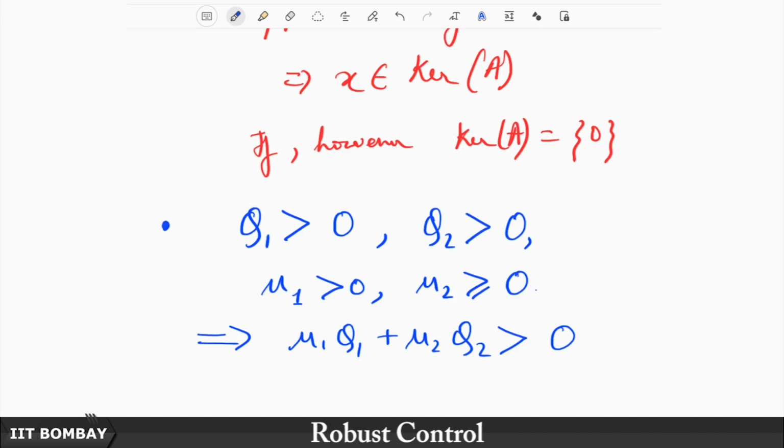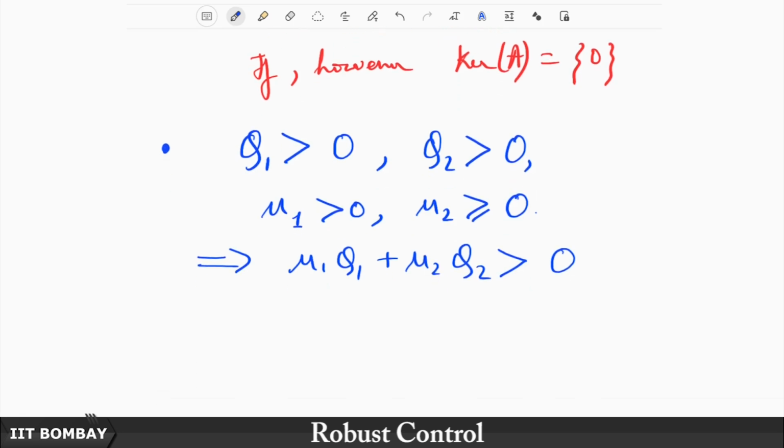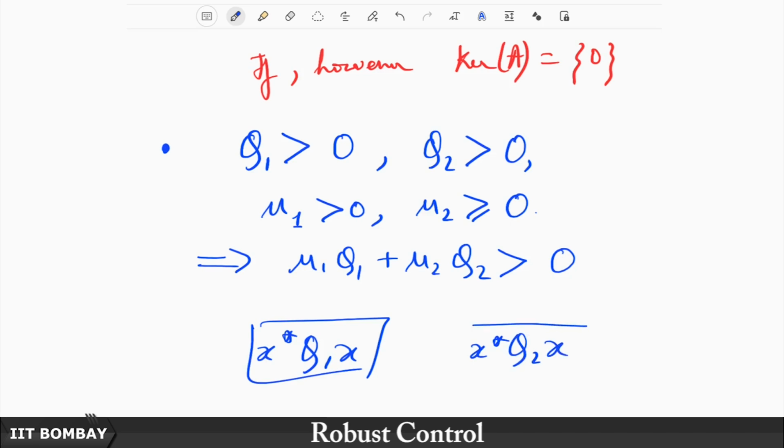Why is this going to be true? You see, you take any vector and you take these terms individually. So you take x Hermitian Q1 x as one quantity, and x Hermitian Q2 x, and you know that both of these are individually going to be greater than 0. Now you multiply them respectively by these scalars.